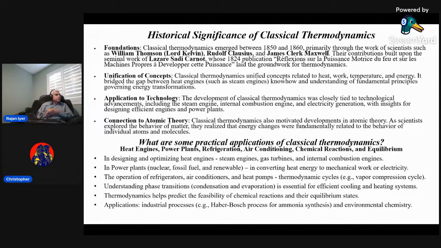So the practical applications of classical thermodynamics, as we call it, are in heat engines, power plants, refrigeration, air conditioning, and chemical reactions, where it helps us understand quite a lot. As we know, the Clausius-Clapeyron as well as the Le Chatelier principle help to understand how the reactions move forward or backward in a chemical reaction.